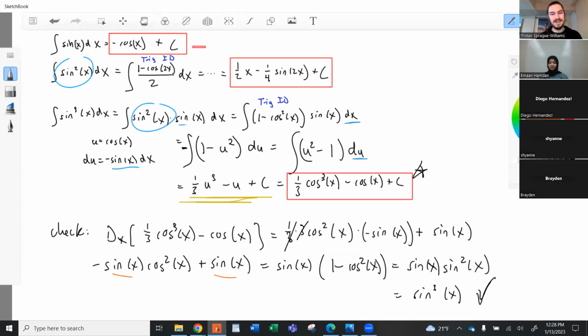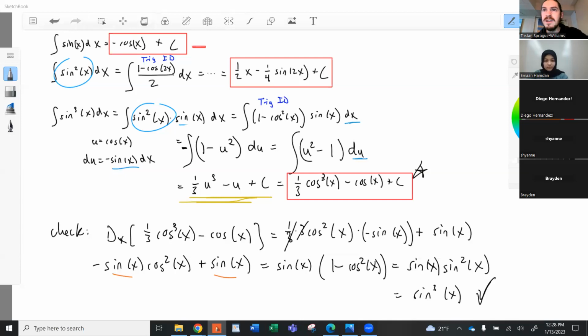But it's always good to pause and actually check. Checking can be a lot of work, but it is satisfying to see that, oh yes, I do in fact have a valid antiderivative of sine cubed now.